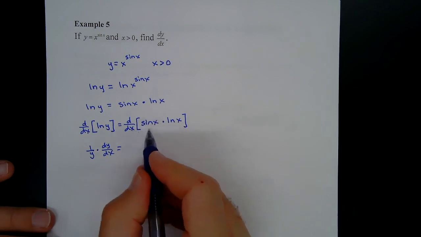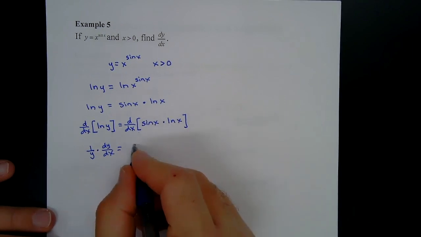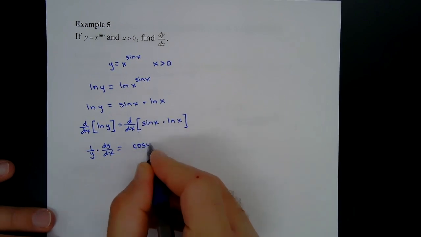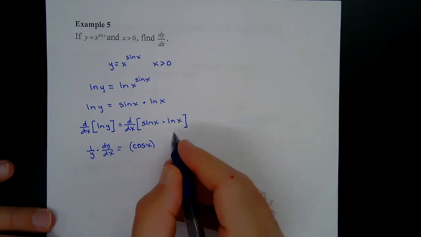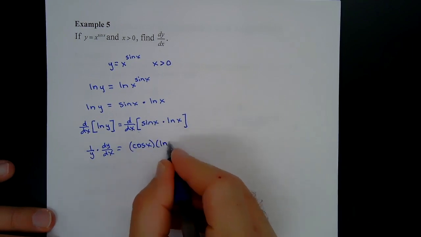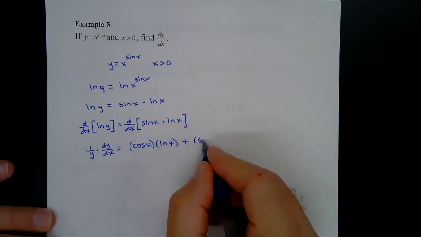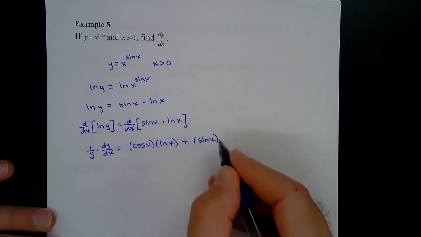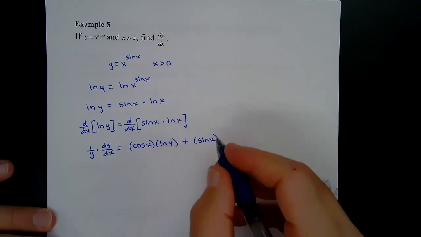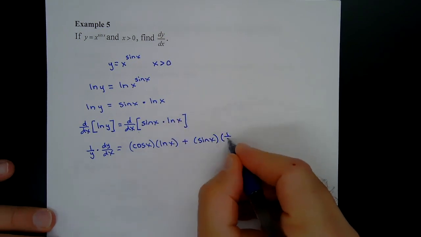So the derivative of sine x is cosine x times natural log of x plus sine x times the derivative of natural log x, which would be 1 over x.